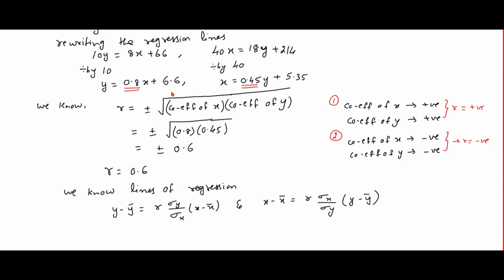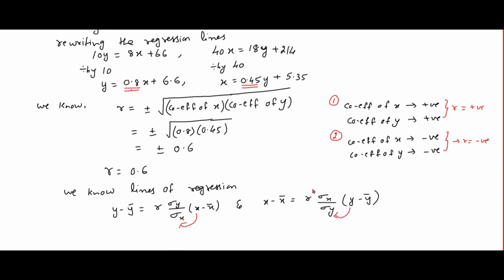However, if you try to compare this equation with the value of y over here, y is equals, that means the coefficient of x is over here. In this case, the values of x bar and y bar are not mentioned. So you have to just take the coefficient of x value. You can observe the coefficient of x here, and here you are having the coefficient of y.